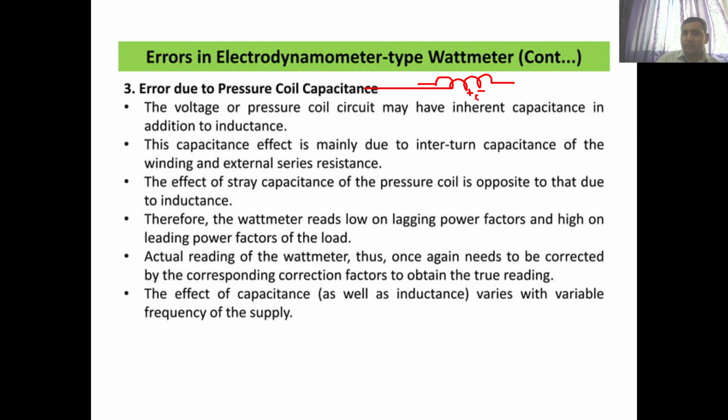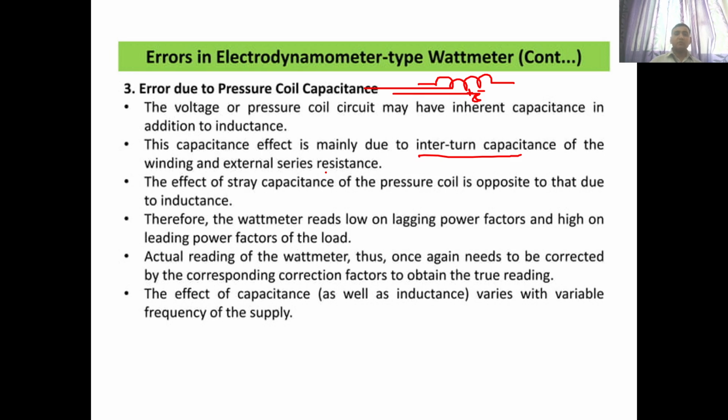This acts as a capacitor, having some EMF induced between them. The pressure coil also carries some small capacitance, mainly due to the internal capacitance of the winding and the external resistance. It is very small, but it will cause a small error in the system when we read small power. It can vary the true value very much.